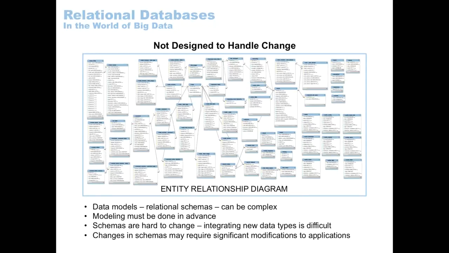So the schema, the data models, can be very complex. The modeling of the data needs to be done in advance. It's very hard to change these schemas, and the changes may require, in addition, significant modifications to applications.